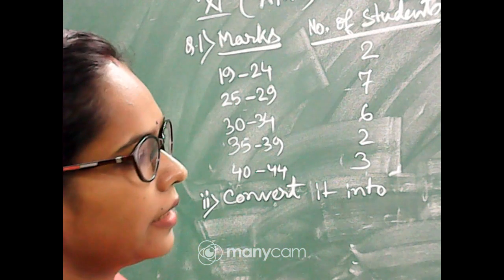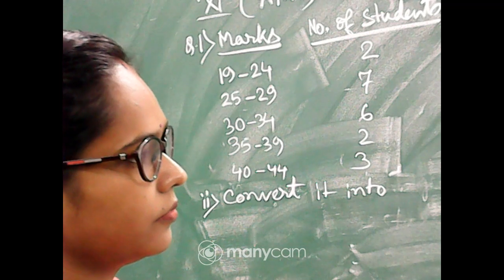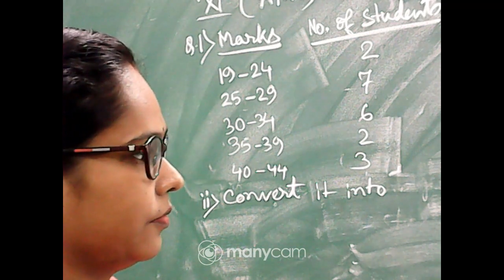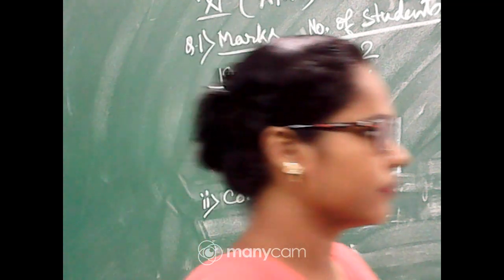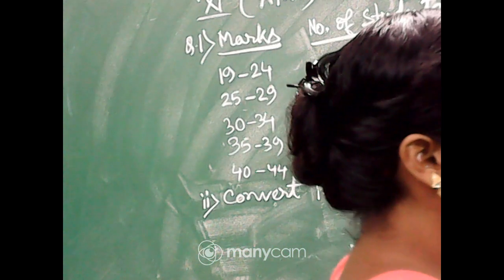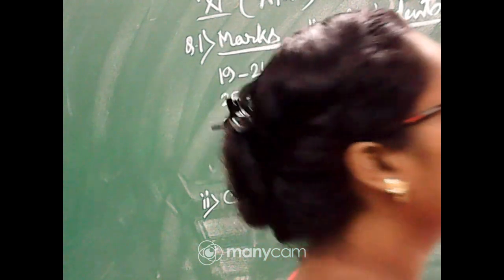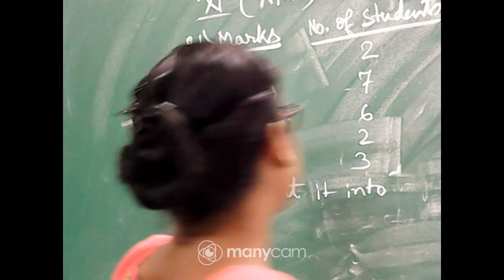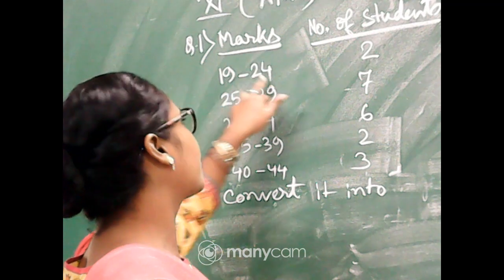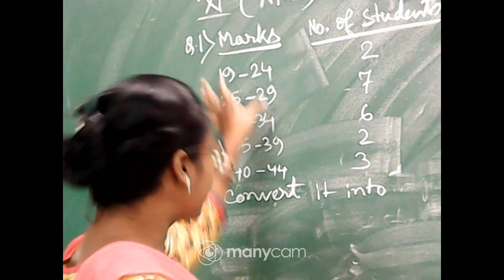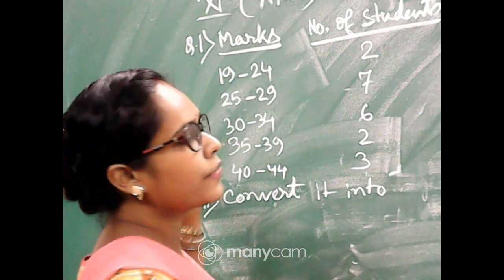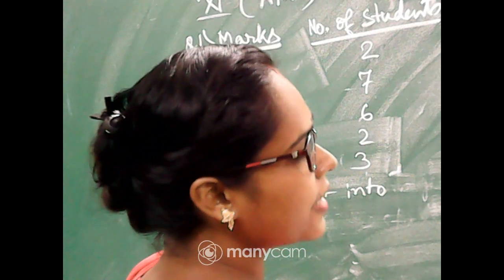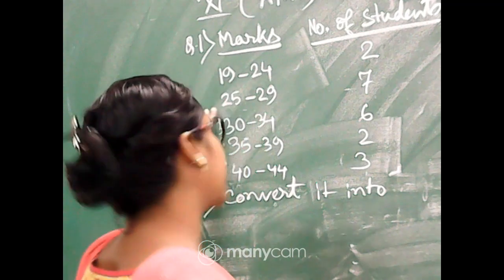Yes, Sanjeevani? No, CF means cumulative frequency. See, the series, marks is given 19 to 24, 25 to 29. This series is which type of series? No, Sanjeevani, this one is the inclusive.